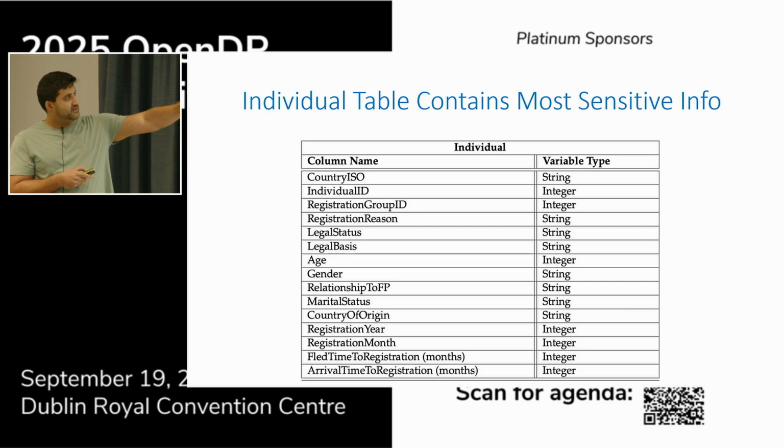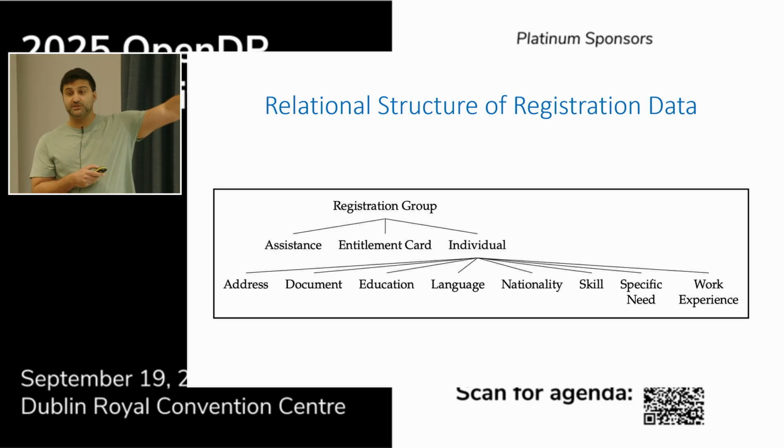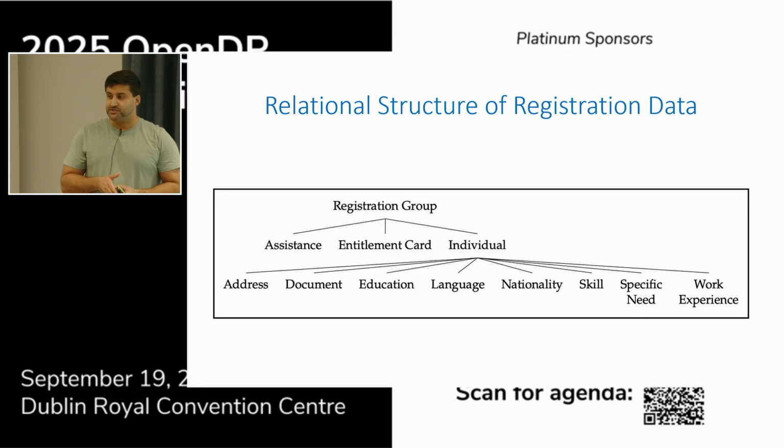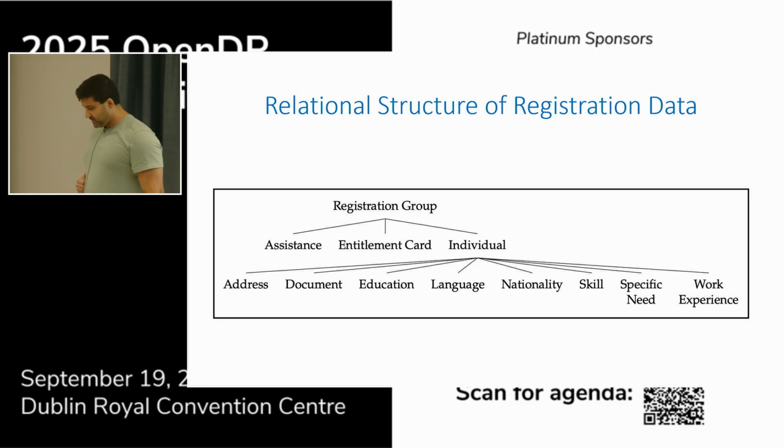Every individual is also associated with a registration group. A registration group would be like, correct me if I'm wrong, Federico, but we both register with UNHCR at the same time. We would have different individual IDs, but we'd be mapped to the same registration group within UNHCR.